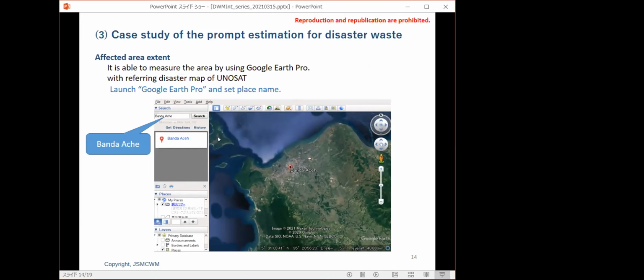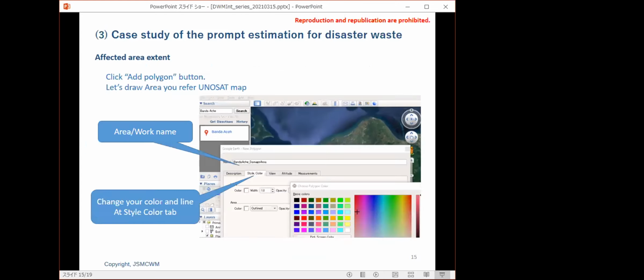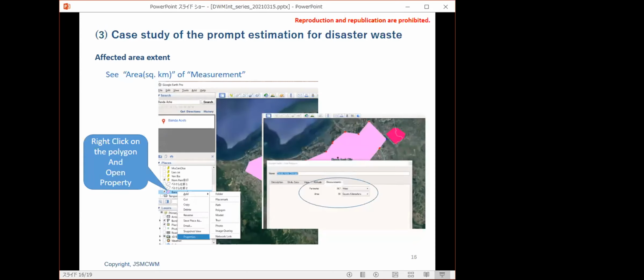So Google Earth Pro goes to the Banda Aceh area. And we can make a polygon we want, and we can change some attributes, line color, something like that, and we can measure the area extent from the properties.